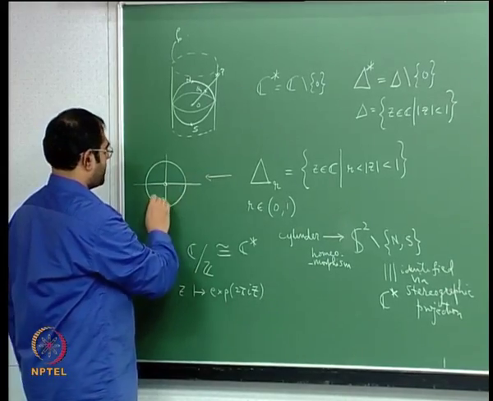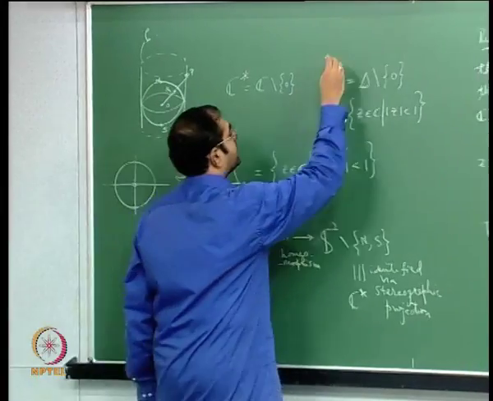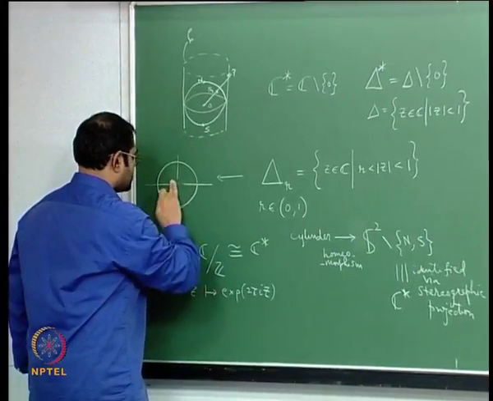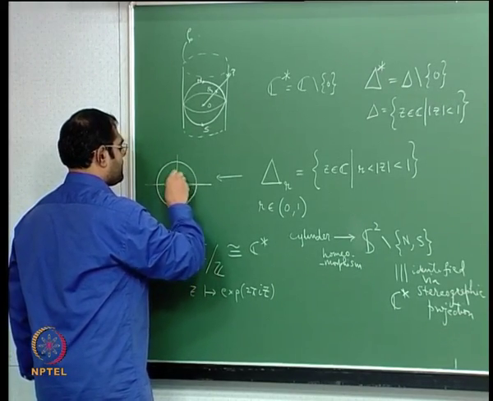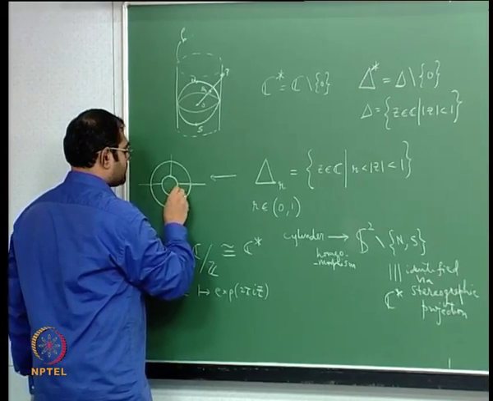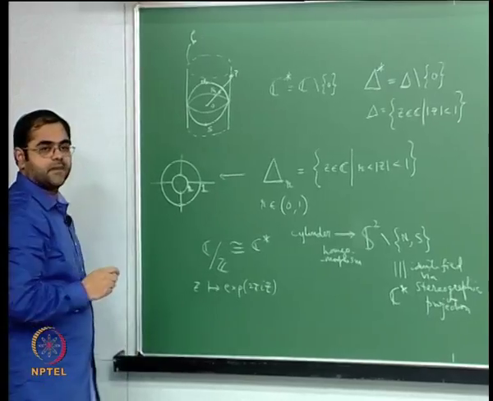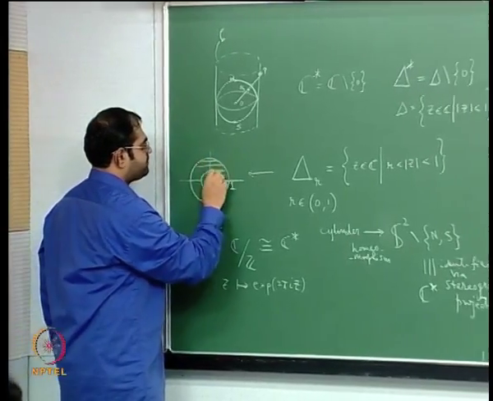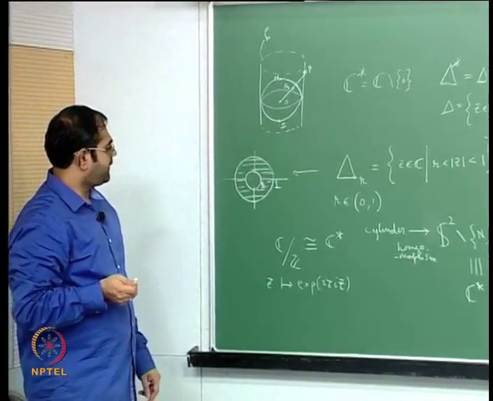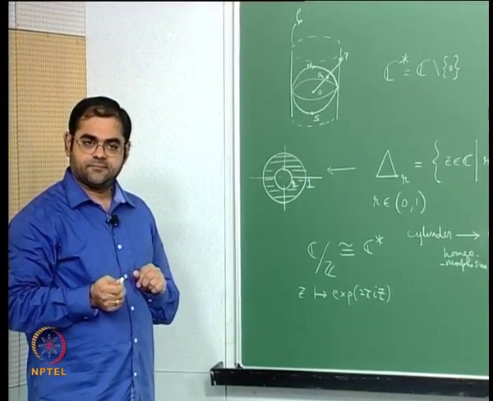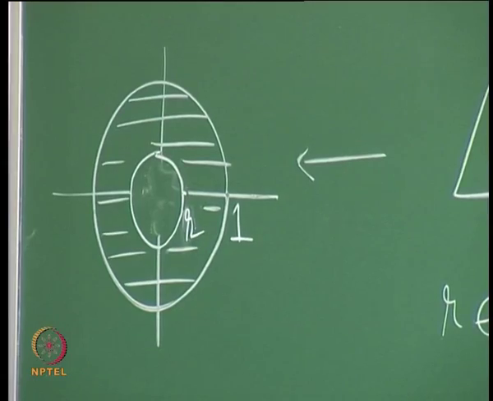So that was delta star. Let me draw it like this. So this is R, this is R, and this is 1. This is my annulus, and this is also a Riemann surface naturally, because I told you every open subset of a Riemann surface is also a Riemann surface.